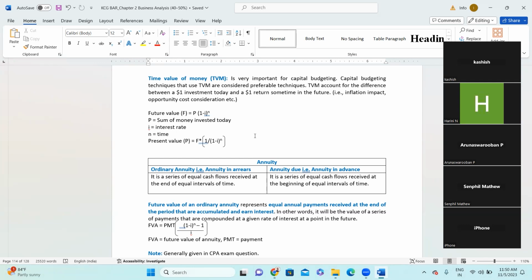So what is the future value of $100,000? Sir, interest rate is 10%. Interest rate is 10% and the 5-year present value factor is 0.691.